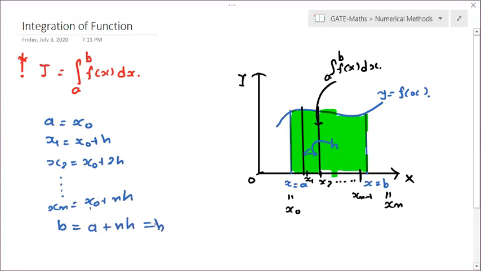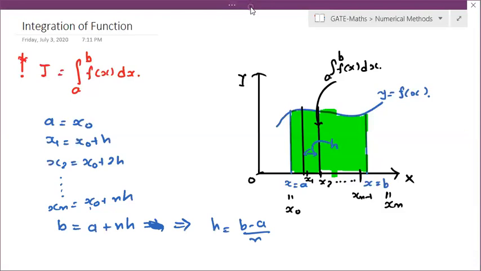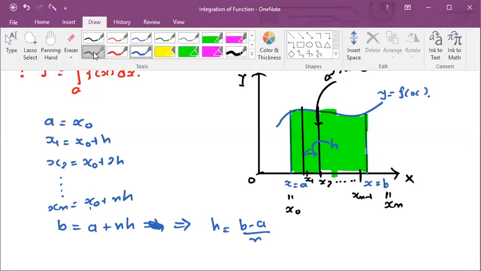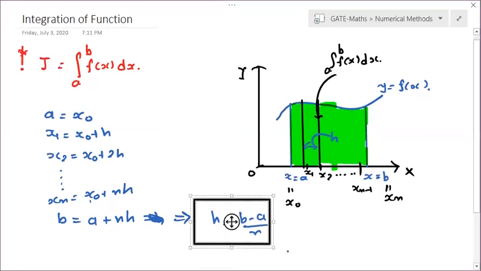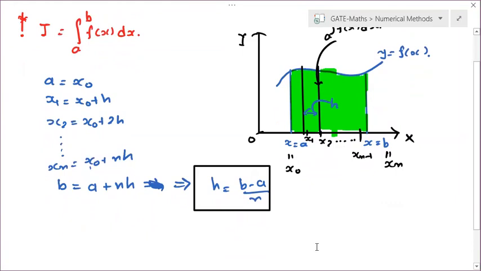So h will be (b minus a) by n. So this is our first formula, which is common for all these three methods: trapezoidal, Simpson 1/3 and Simpson's 3/8 rule. Is it clear now? Now let us see formula of trapezoidal, Simpson's 1/3 and Simpson's 3/8 rule.